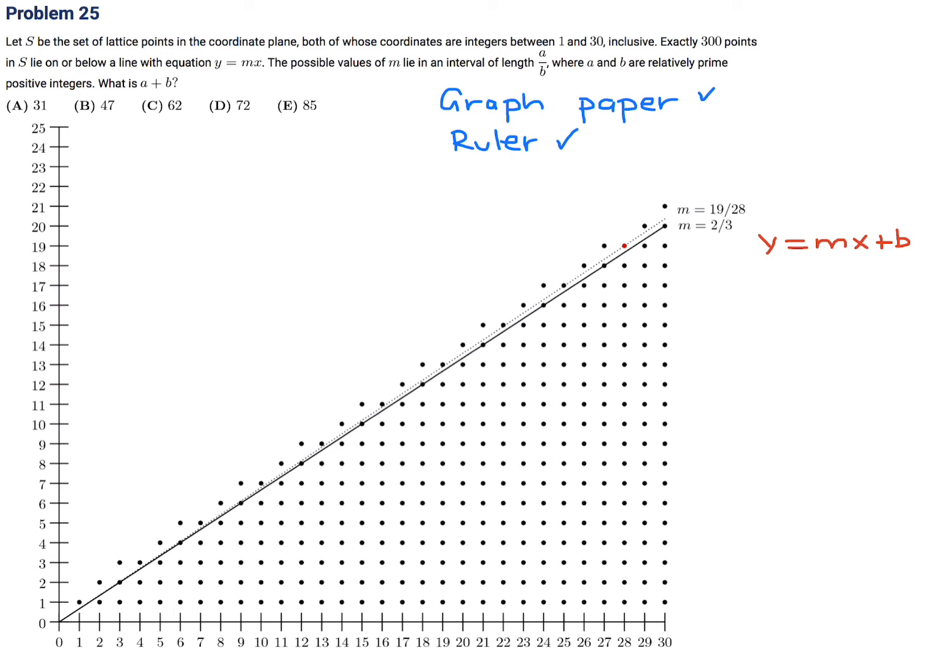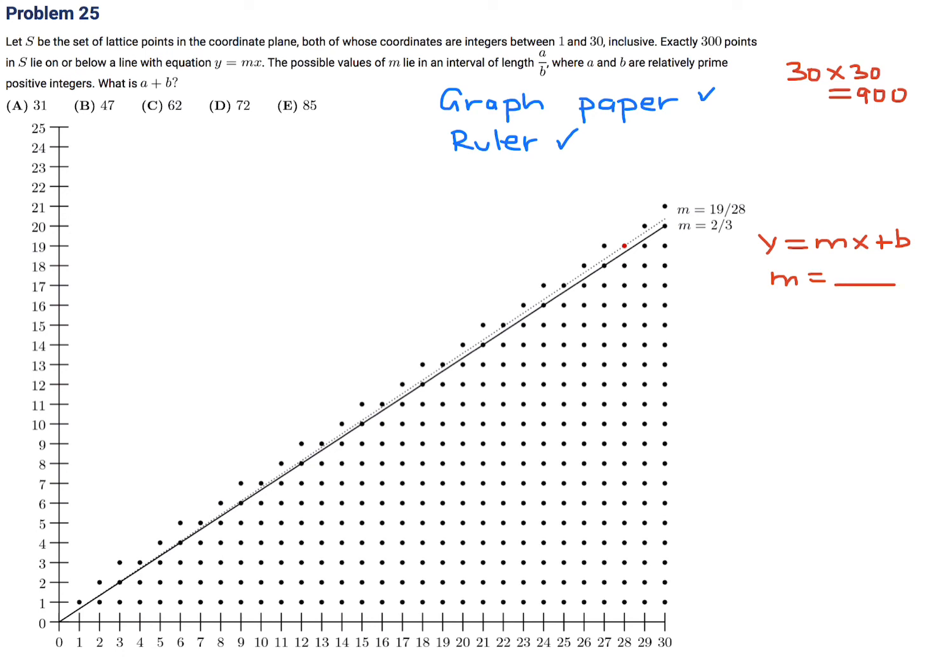The total number of points, since it's a 30 by 30 grid, will be 900. And we want 300, so basically we want a third of them below that line. So that means that most likely this is going to be a situation where m is rise over run.